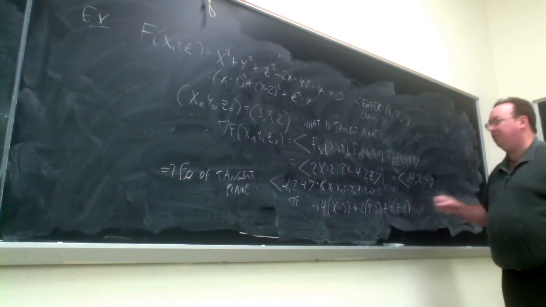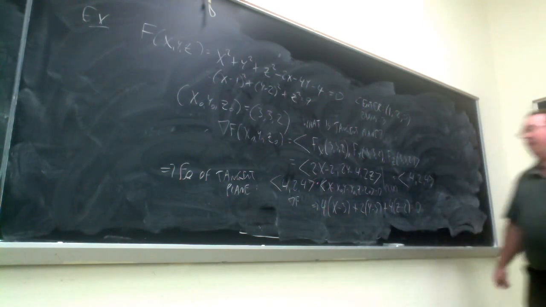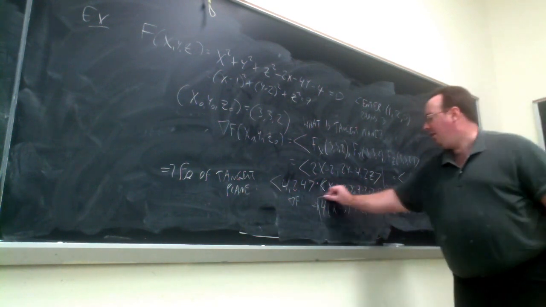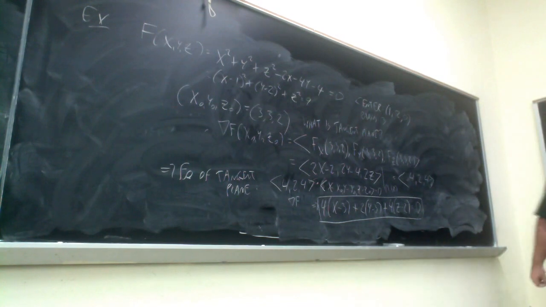And don't forget, because some people did forget this on the test last time I taught this, all that is set equal to 0. So that is your final answer. That is the equation of the tangent plane. So any questions about how we get the equation of a tangent plane?